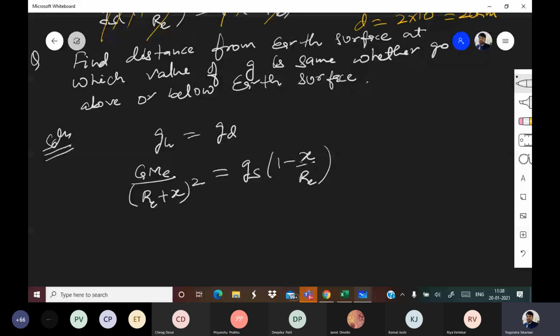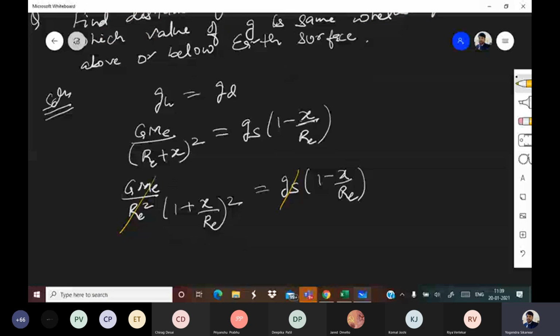So GME upon RE square, and what is left, 1 plus X upon RE whole square is equal to GS into 1 minus X upon RE. Now if you observe closely, GME upon RE square and GS is the same thing.